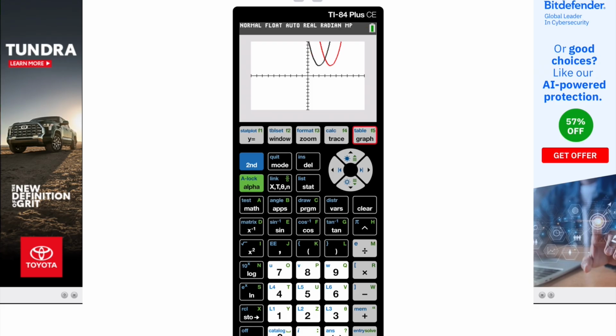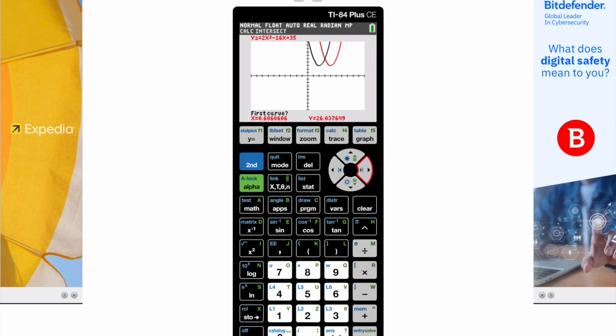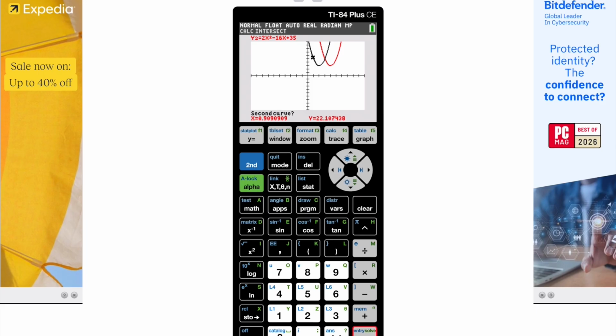This is what my equation looks like. So I do second trace 5. It's not in the window, so I'll have to bring it down to see if it's actually there.